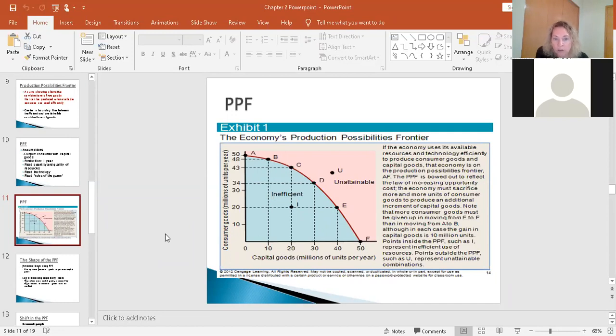But as we gain each additional 10 million units, let's look at what happens to consumer goods, and let's calculate how much consumer good we had to give up in order to get that next 10 million units of capital good. So as we go from point A to point B, or 0 capital good to 10 million, how much consumer good did we have to give up? What's the opportunity cost in terms of consumer goods? 2 million.